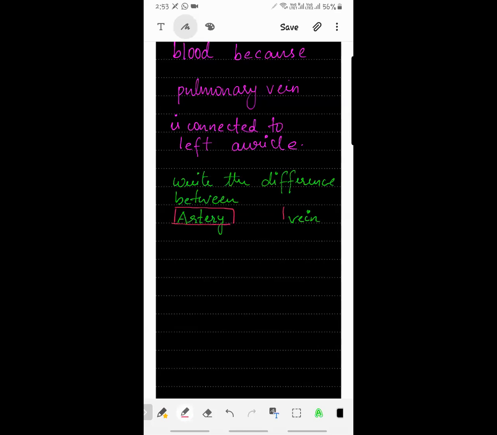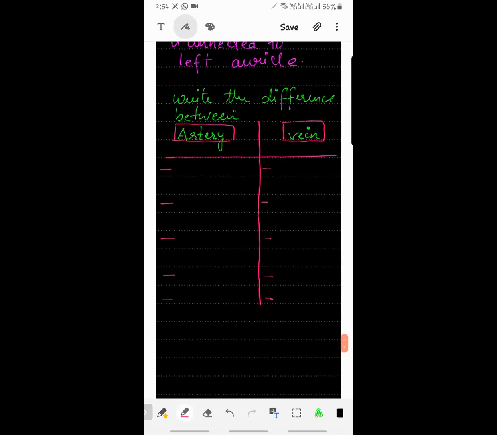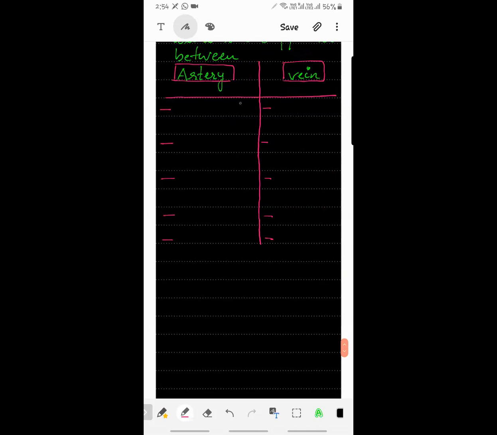Make two columns, divide the page into two halves, and then start writing. First point, second, third, fourth, and fifth. How many points you know, you should write. That is up to you. I will leave the gap, and in the next class when I start, I will fill this place.